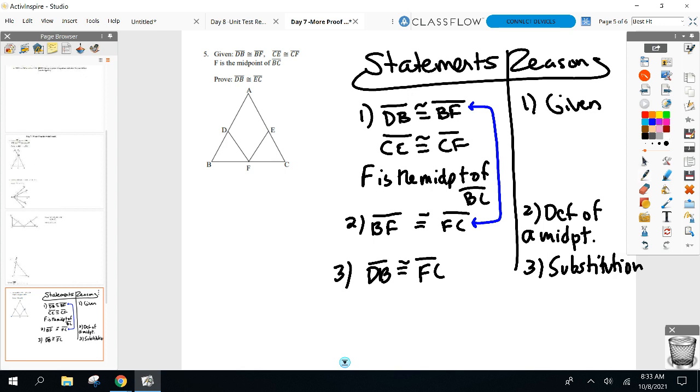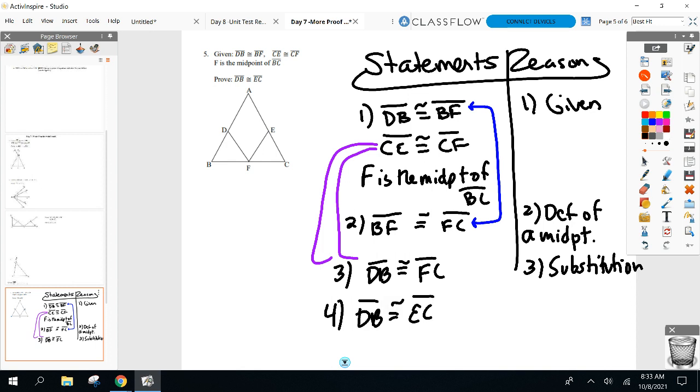Do you see the other pairs of equals that have not been used yet? Those 2 right there: CE equals CF, DB equals FC, which remember is the same as CF. We're all good there? FC, CF, still the same line segment. And then from those 2, what can I get? DB equals or congruent to CE or EC, which is my proof statement.